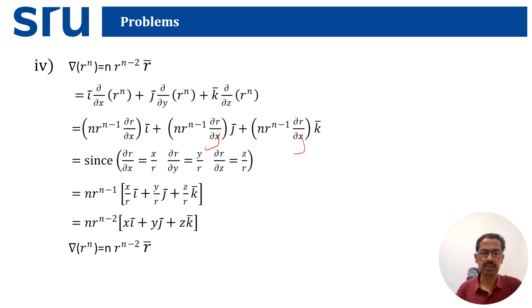Dou r by dou x is x by r, dou r by dou y is y by r, dou r by dou z is z by r. So n into r power n minus 1 taken out, the LCM x i bar plus y j bar plus z k bar with r common. So r power n minus 1 with one more r gives r power n minus 2, times r bar.